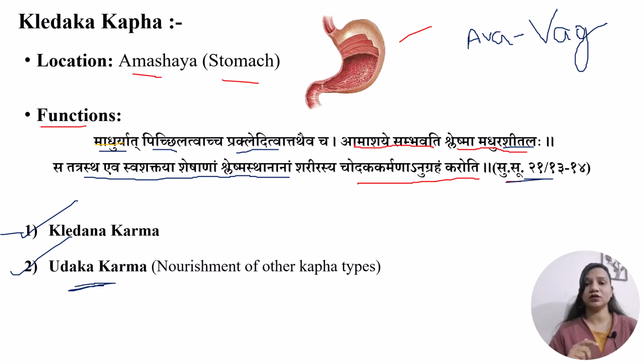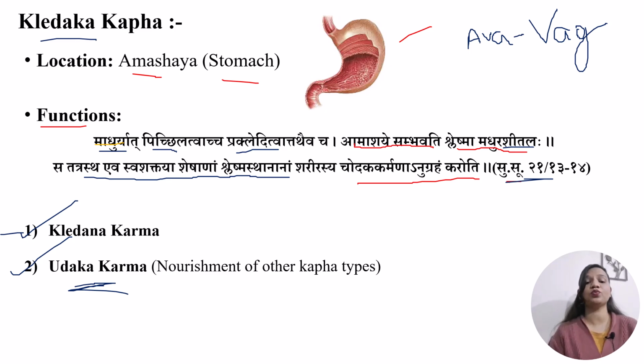Udak karma means the Avalambaka Kapha is the one which protects and gives nourishment to the other kapha dosh type sites. But according to Acharya Sushrut, Kledaka Kapha performs udak karma. Okay, so these are the points that you have to keep in mind from the exam point of view and also for the Viva point of view.